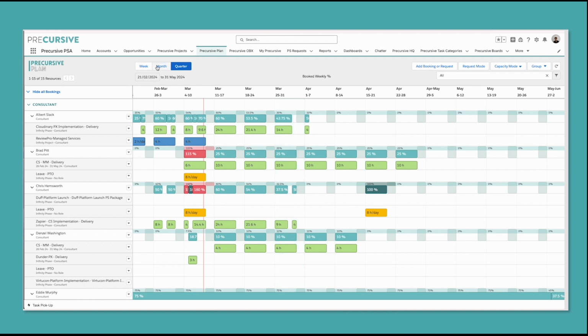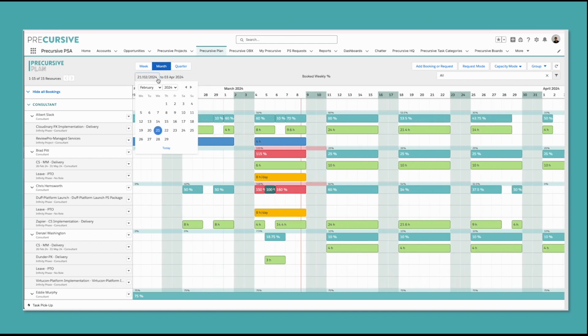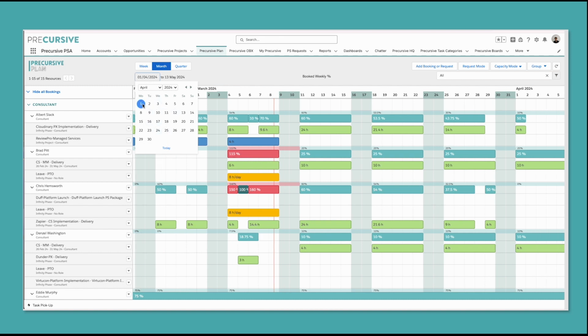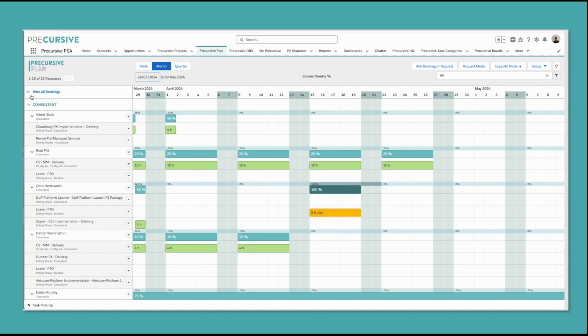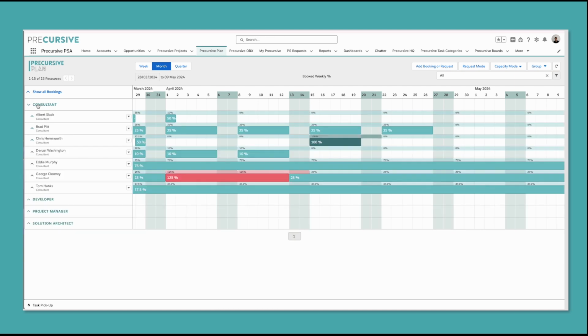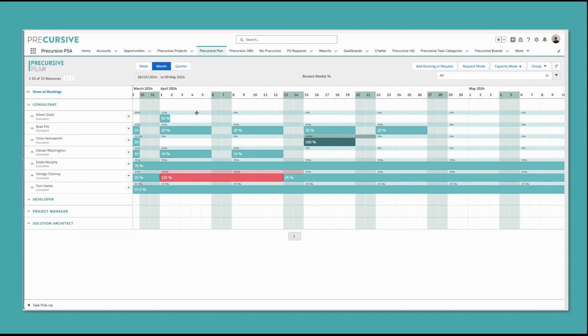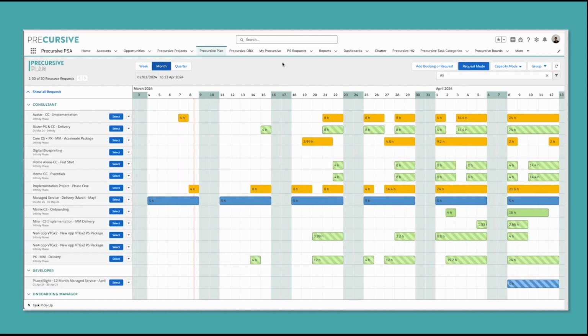If I look at April for a moment, let's go to the beginning of April. We can see the level of capacity for our team, so we do have some availability. However, what's driving this issue is our pipeline.